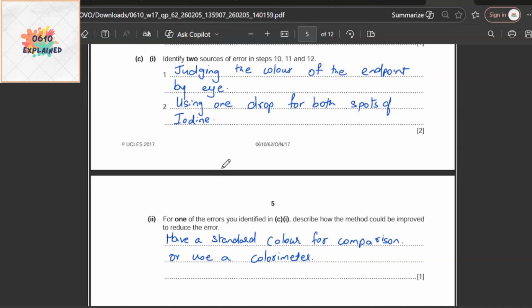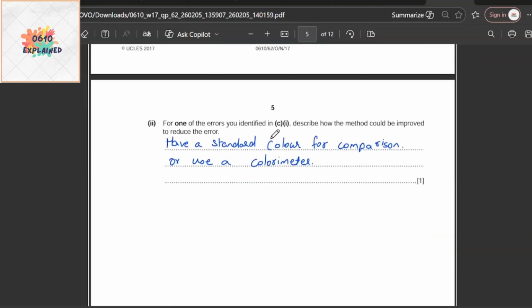Two samples were taken at the same time, so you can use two glass rods again, or take two separate trials. As I mentioned earlier, the drop size of the iodine was taken from the glass rod, so we could use a pipette or a syringe for making it a standard or a proper reliable procedure.